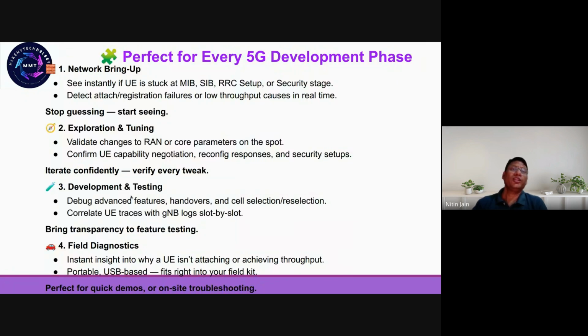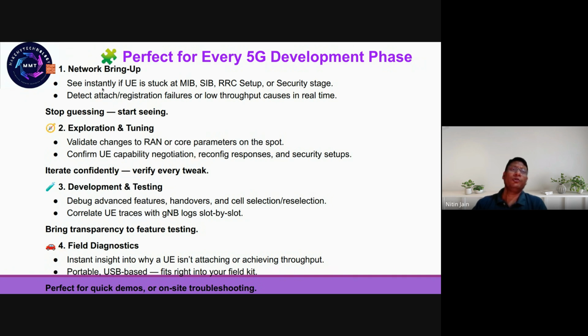As I mentioned, it can be used for multiple product development cycles, network bring up. Sometimes the network is supposed to be fine, but for some reason the mobile is not really attaching and doing the data transfer, or it's not connecting to the internet.